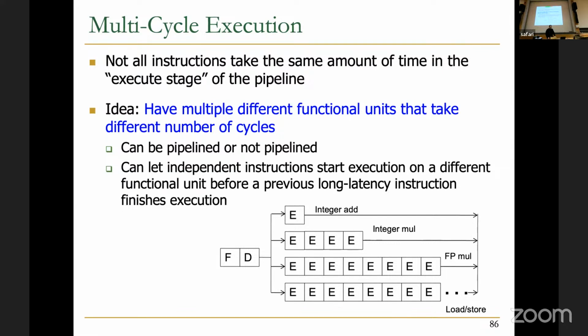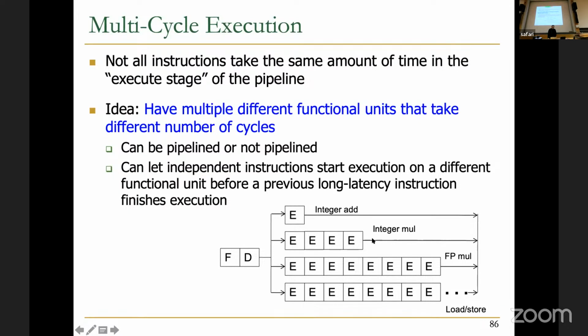With this kind of implementation, when you are decoding one addition instruction and executing it, and the next instruction is a multiplication, you are not occupying the whole ALU for that.